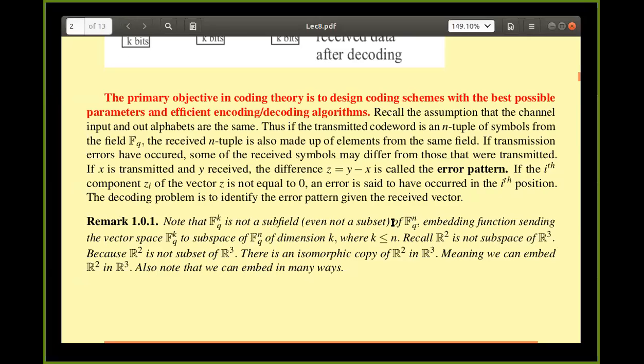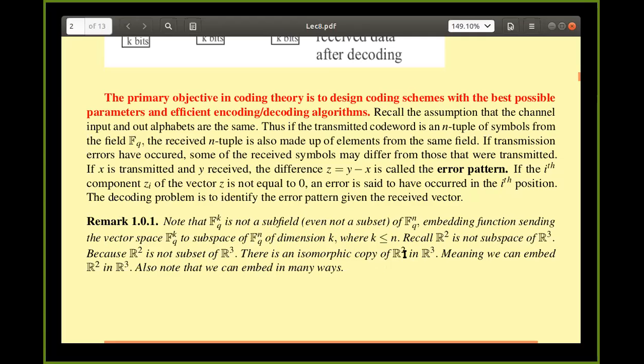Fq power k contains k-tuples and Fq power n contains n-tuples. In coding theory we write them without commas and parentheses. It is not even a subset. But an embedding function sends the vectors of Fq power k to a subspace of Fq power n of dimension k, where generally k is less than or equal to n.